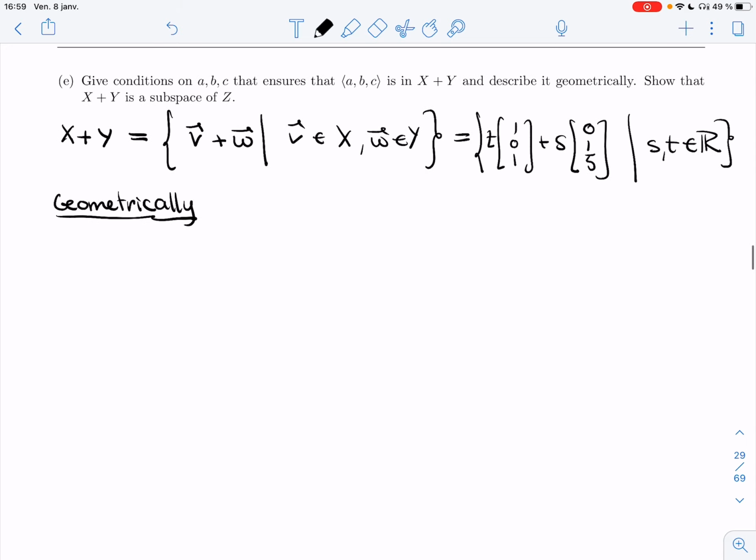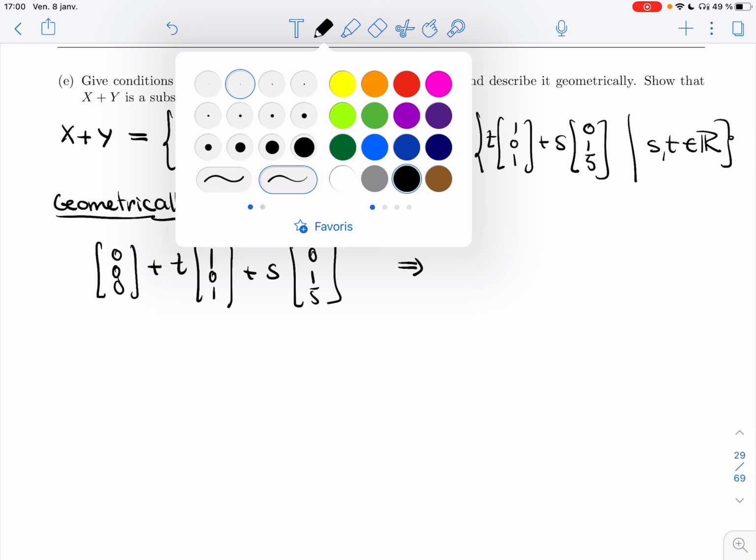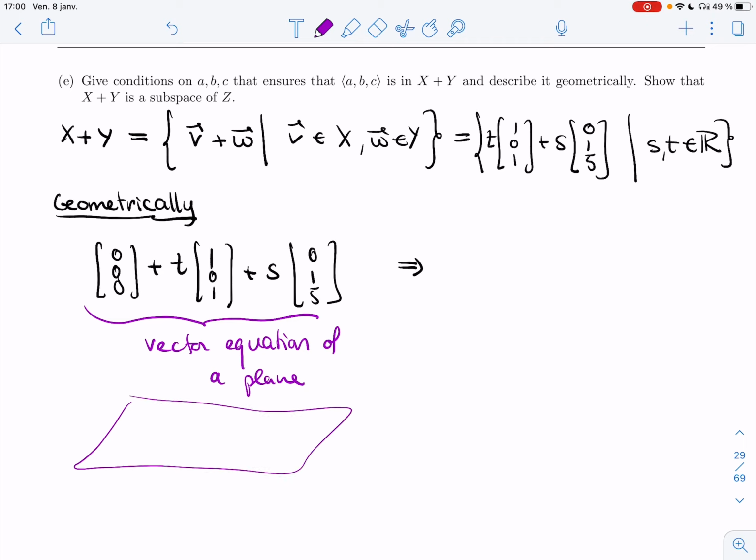We're taking everything that looks like 0, 0, 0 plus t times 1, 0, 1 plus s times 0, 1, 5. And if you remember your linear algebra, this is the vector equation of a plane. So it looks like this, where our two vectors are 0, 1, 5 and 1, 0, 1.